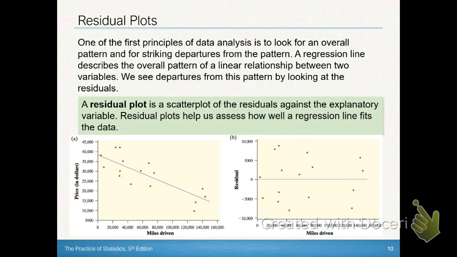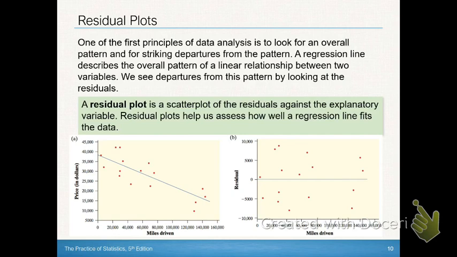So the graph on the left is just your plain old scatter plot. It's got your explanatory variable on the x-axis and your response variable on the y-axis. The scatter plot on the right is your residual plot. It still has the explanatory variable on the x-axis, but then the y-axis is the residuals.